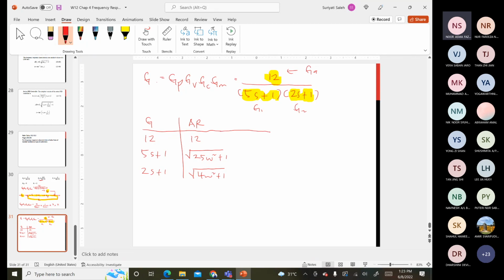And then here we put another one, the angle. The angle for this part is 0, then inverse tangent 5 omega, and lastly inverse tangent 2 omega.